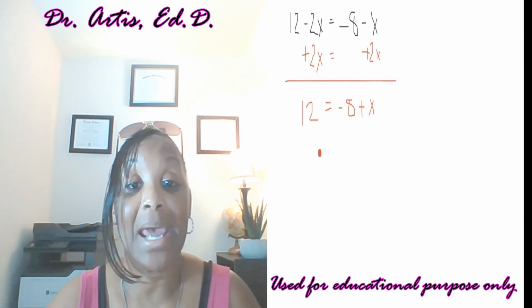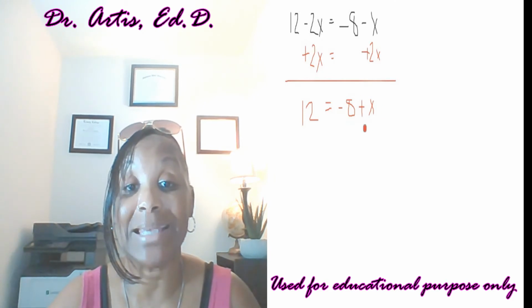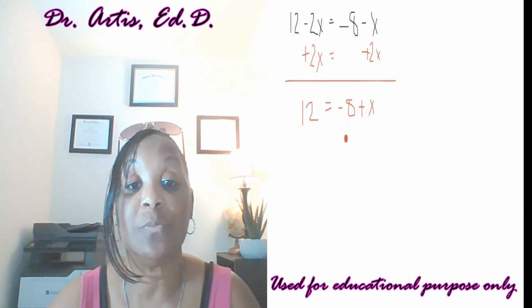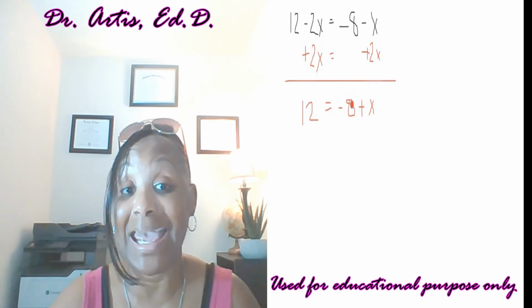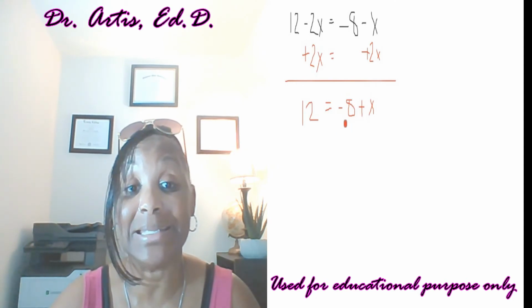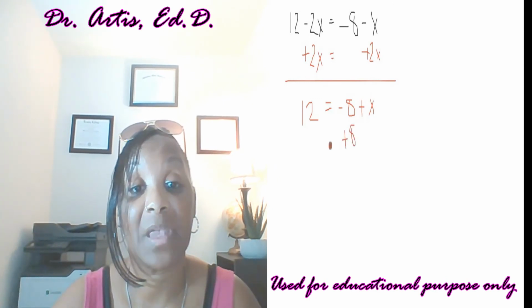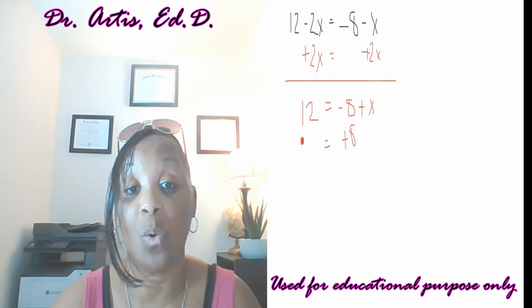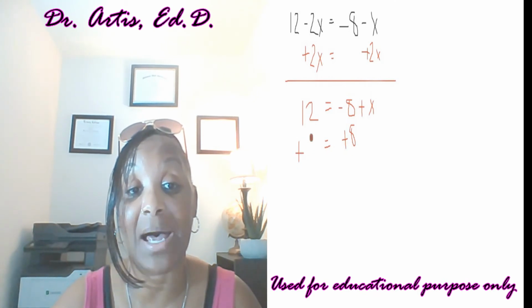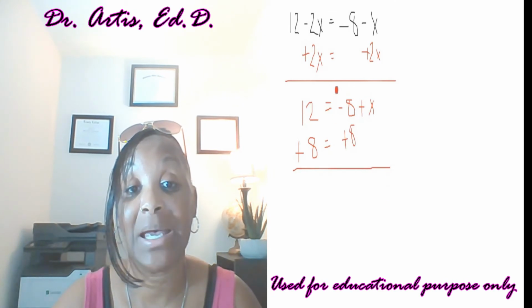Okay. So now I need to, again, isolate my x, which means that I need to get rid of this 8. I need to get rid of this negative 8. I do that by adding 8 here. What I do on one side, I must also do on the other side. So I'm going to add an 8 here, and then I'm going to solve.